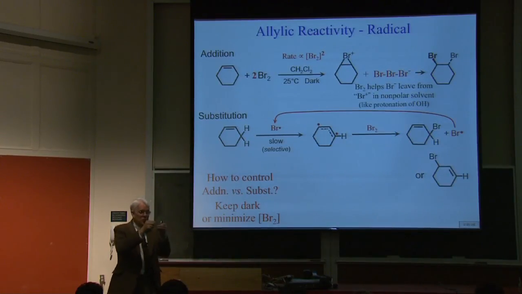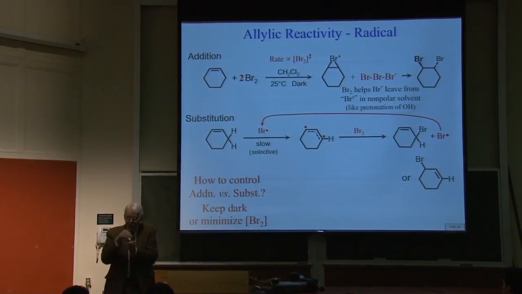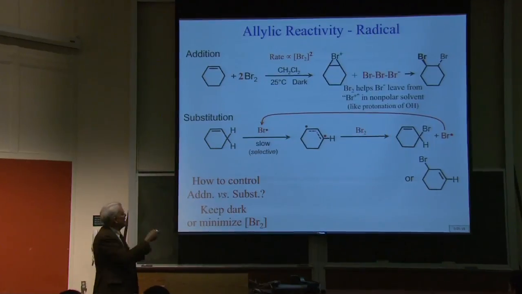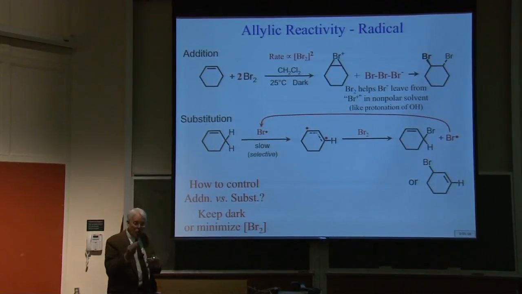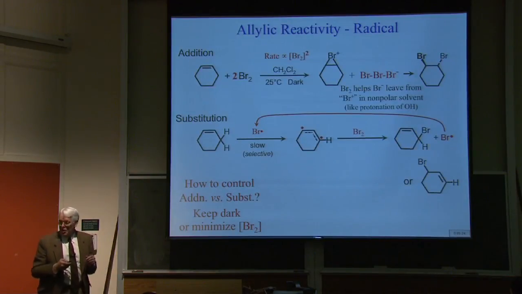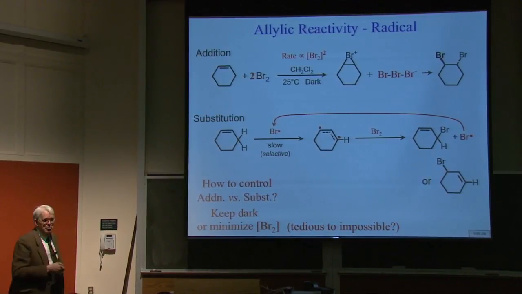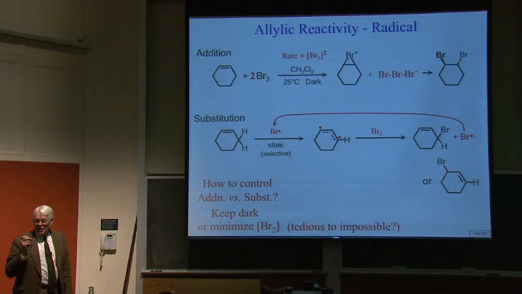But when you put a drop in, the bromine concentration is higher in that drop locally, so you're going to get this reaction because of the local high concentration of Br2. But this is where Ziegler comes in with his clever NBS molecule.